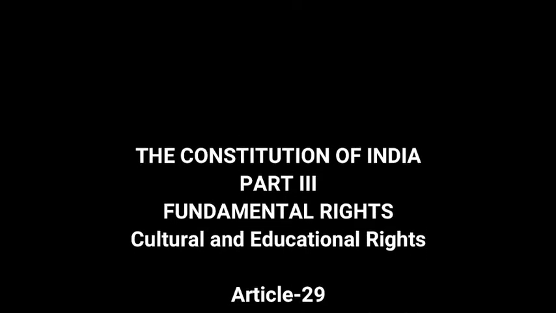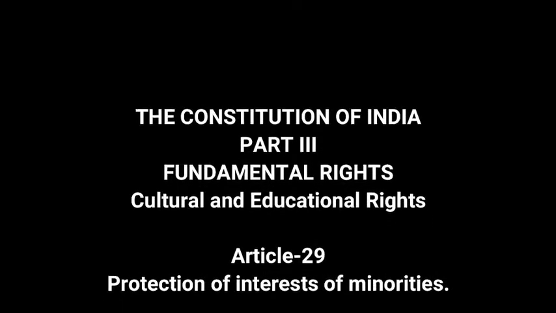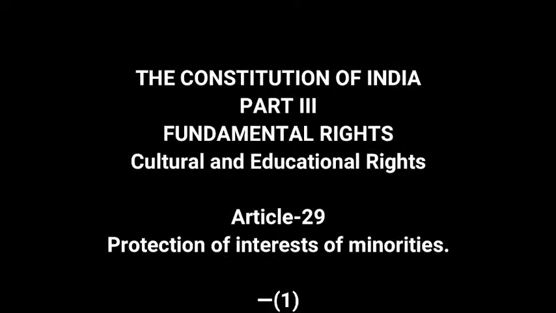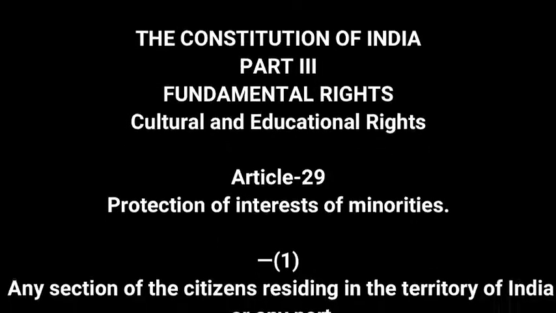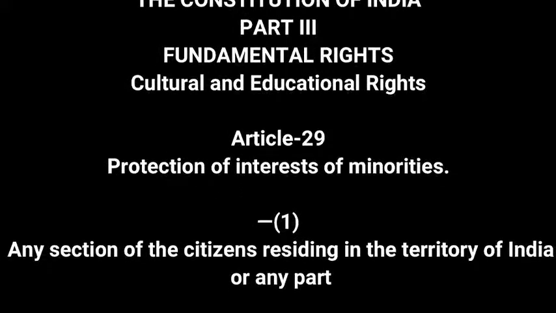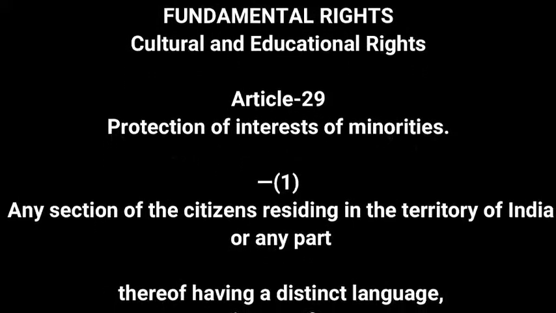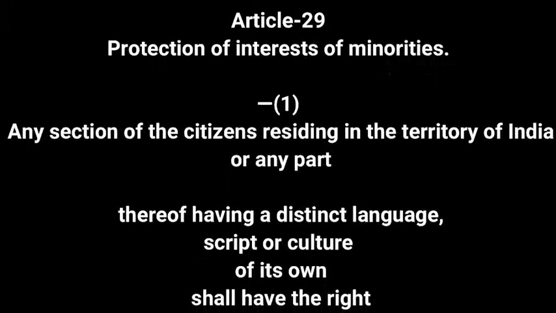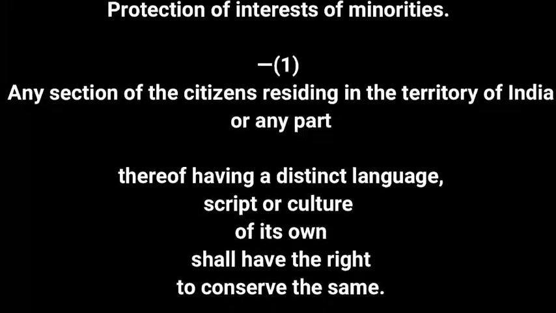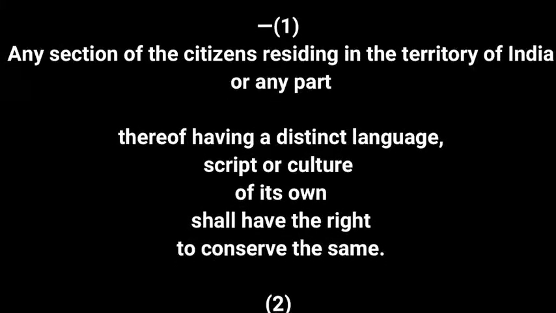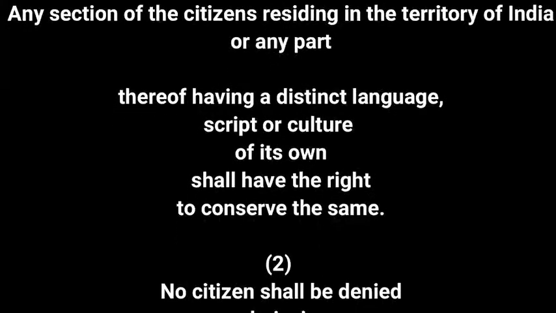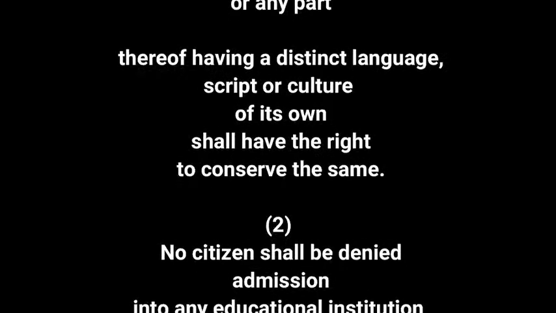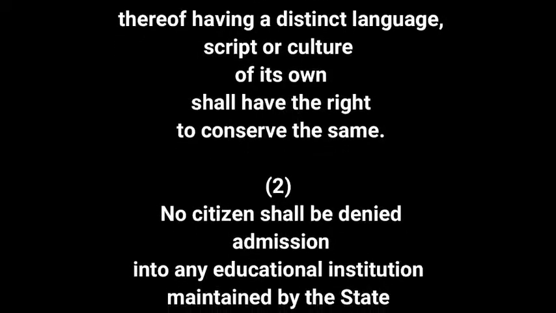The Constitution of India. Part 3. Fundamental Rights. Cultural and Educational Rights. Article 29. Protection of interests of minorities. 1. Any section of the citizens residing in the territory of India, or any part thereof, having a distinct language, script, or culture of its own, shall have the right to conserve the same. 2.